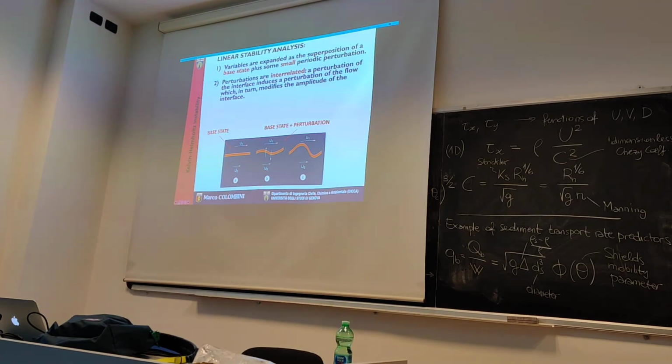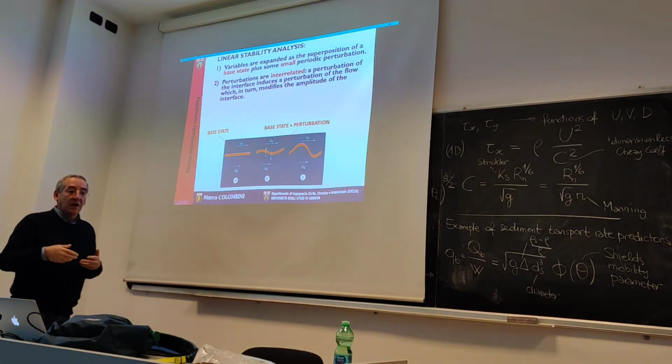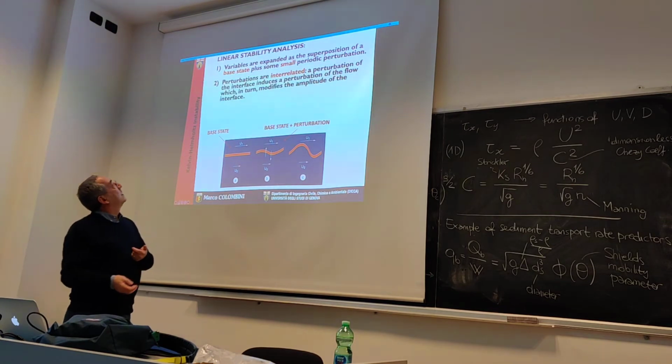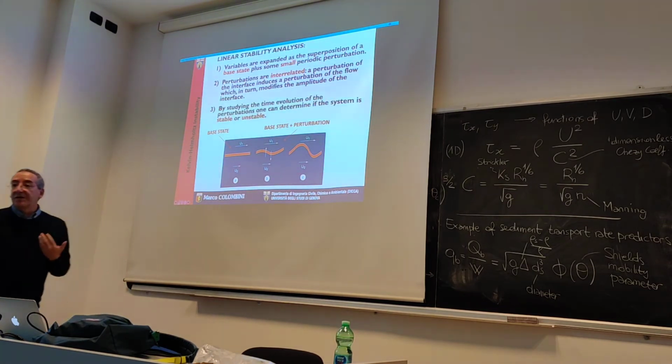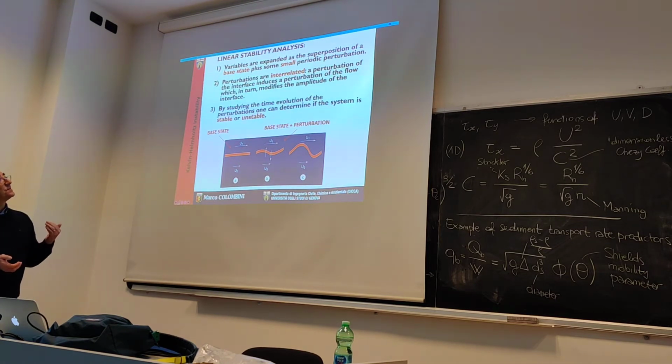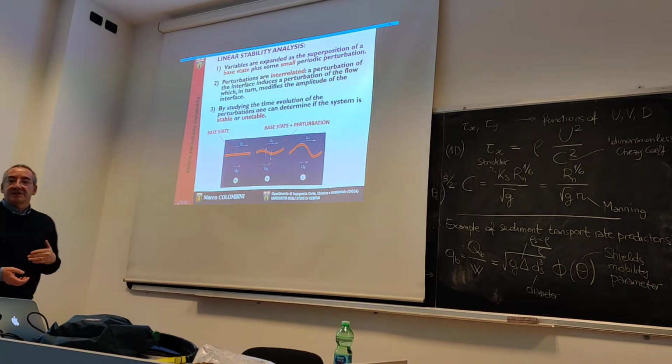And once you have this perturbation of the interface, then this will change the flow also. And so you have a possible feedback mechanism, so that once you study the time evolution of the system, of this perturbation, you can decide if the system is stable or unstable.